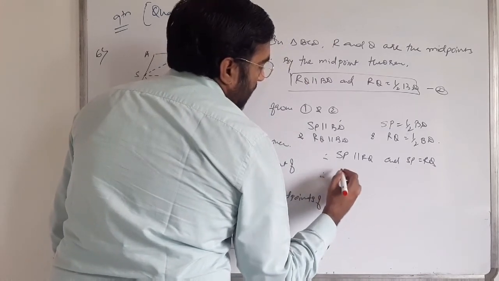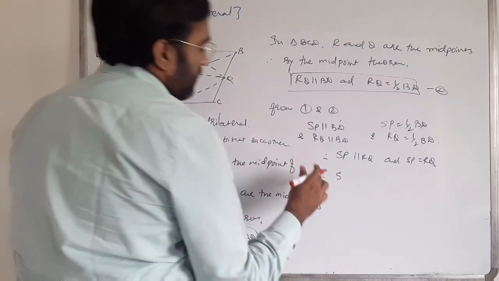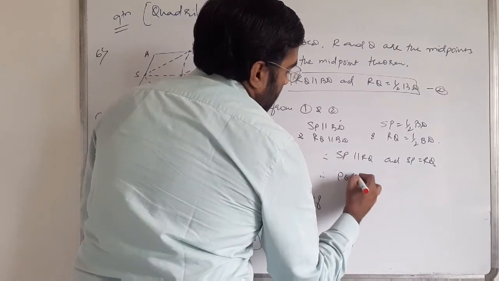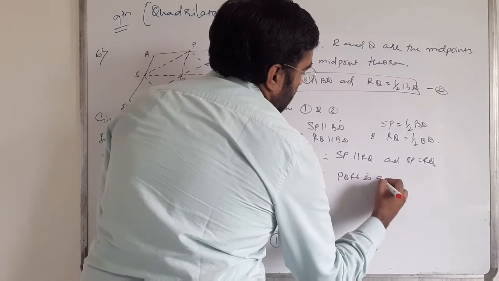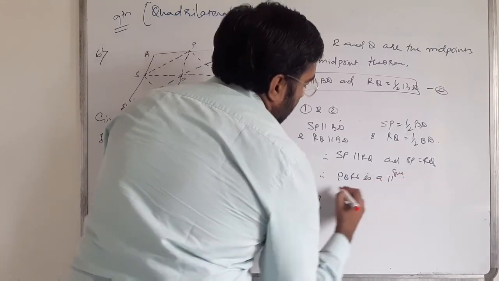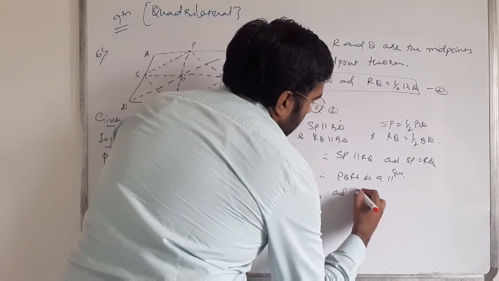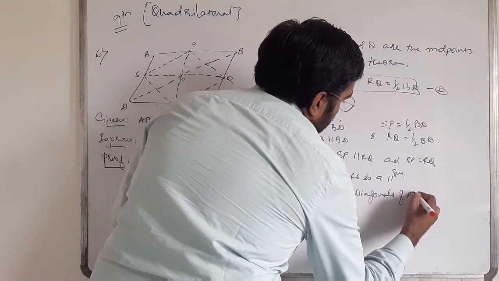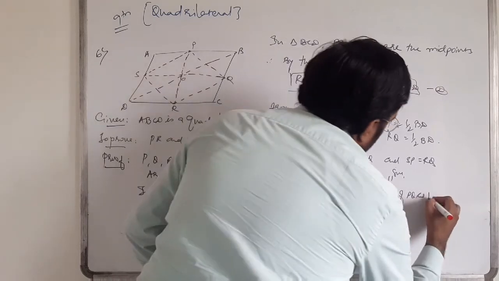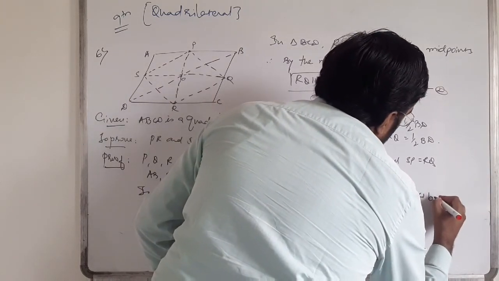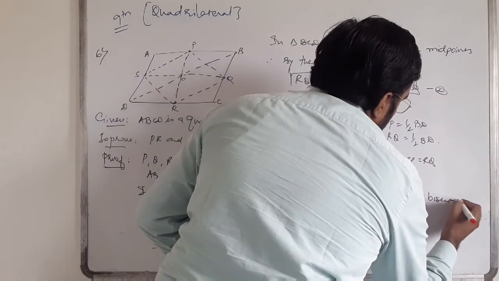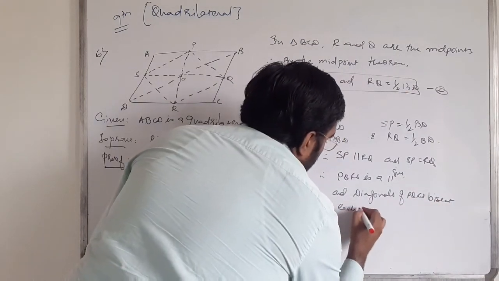Therefore, PQRS is a parallelogram and the diagonals of PQRS bisect each other.